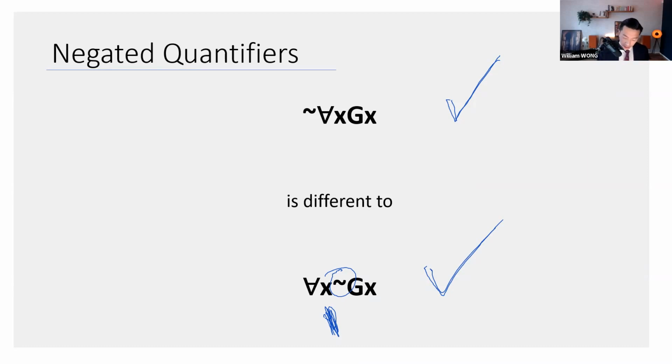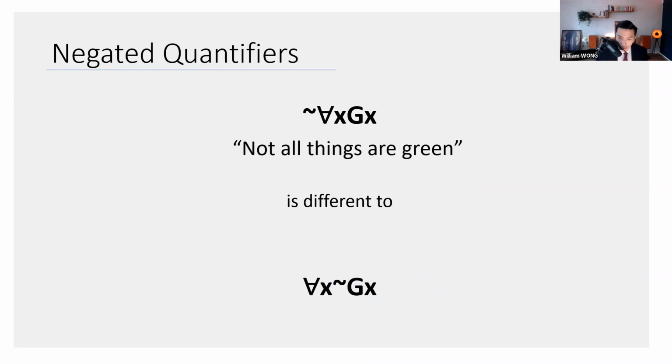Okay, let me try that again. This says it is not the case that for all x, x is green. This says for all x, it is the case that it is not green. The first one says not all things are green, right? But this says all things are not green. Does everybody see the difference here?